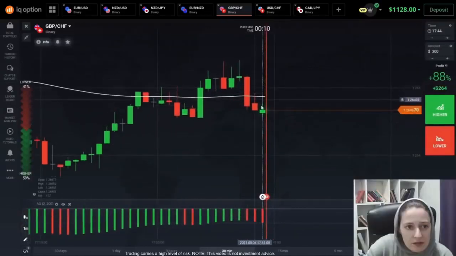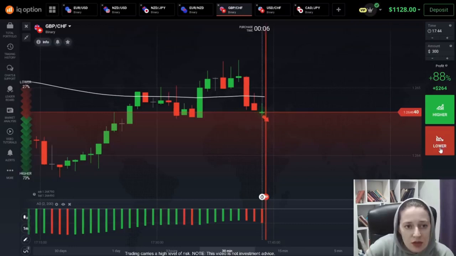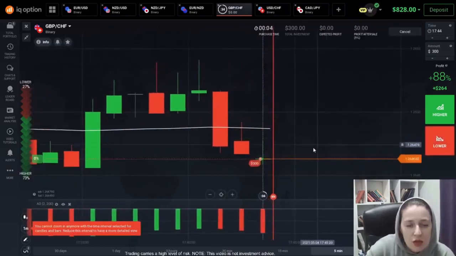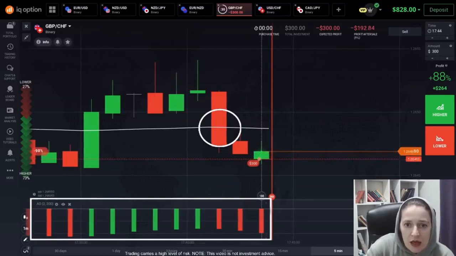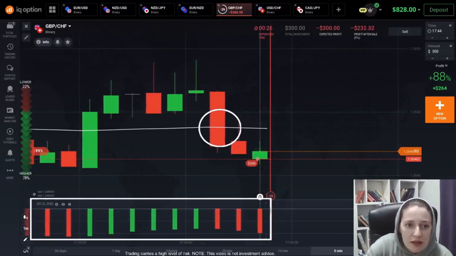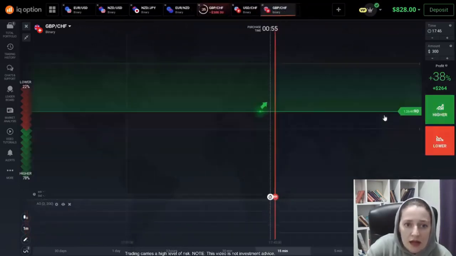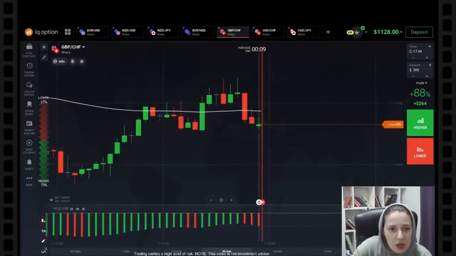And to be able to sell, a red candle must cross the EMA moving average, and all the bars of the awesome oscillator must, as far as possible, be red and go down, in addition to being below the white line.